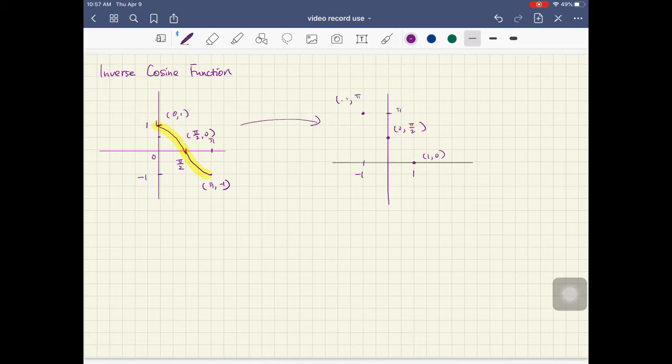Okay, connecting them, and this is the inverse cosine graph.